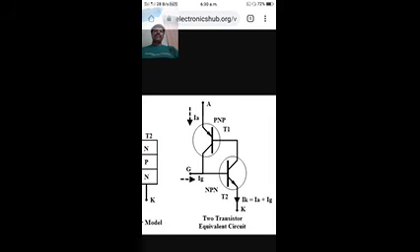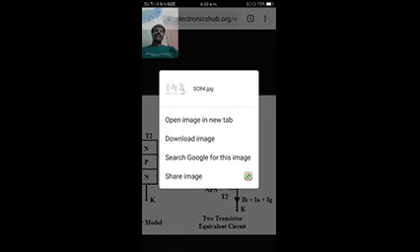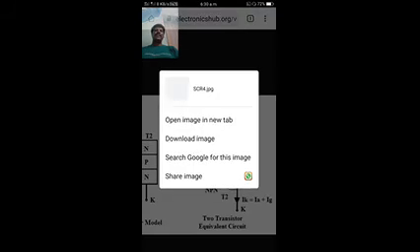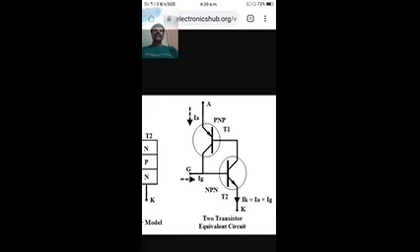So when there is no gate triggering current, there is no base current to transistor T2, therefore no current at the collector of T2, nothing but no base current to T1, and no collector current at T1.